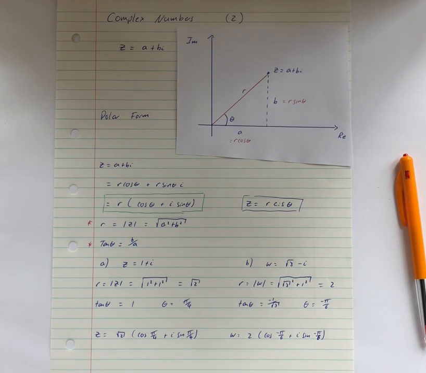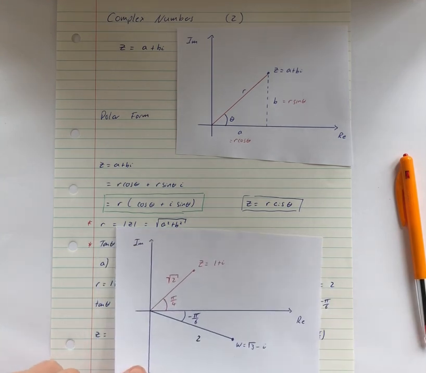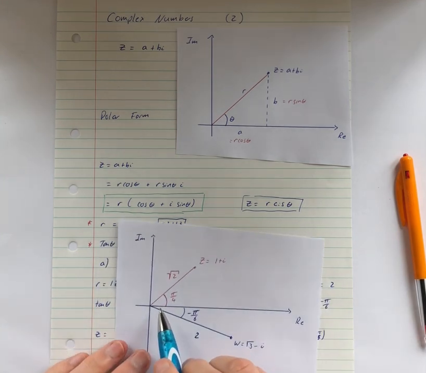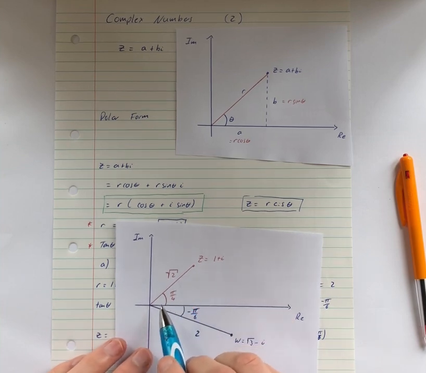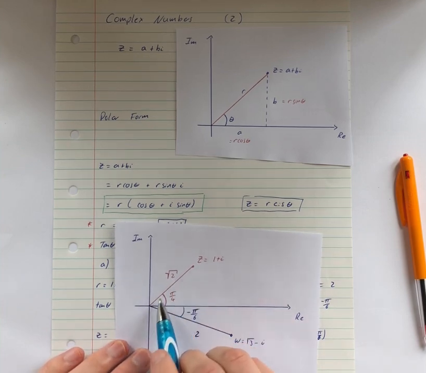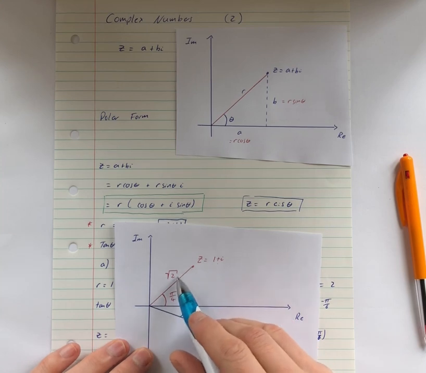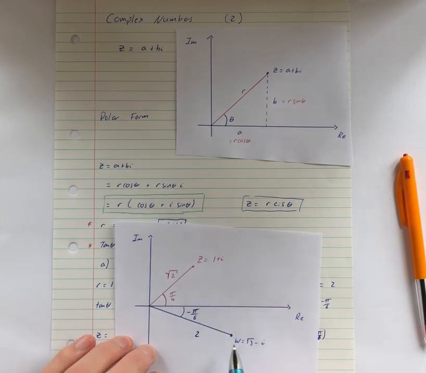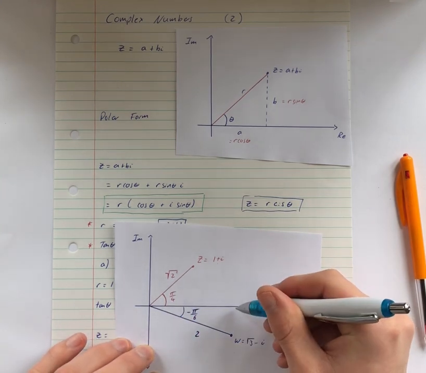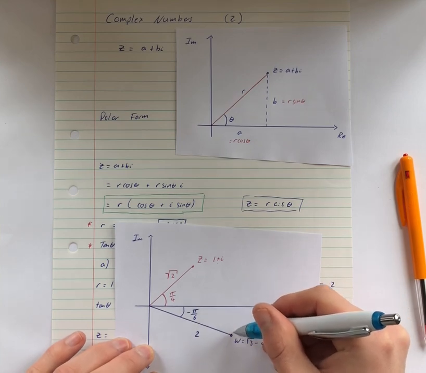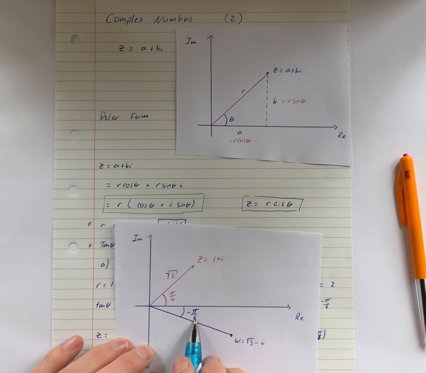Right, so what do they look like? Well, they both look like this. In standard form, like the form that we did in the last video, 1 plus i would be 1 and i up here. So that makes sense that we've got a pi on 4 angle with a length of root 2. w being root 3 across and -1i down gives this -pi on 6.